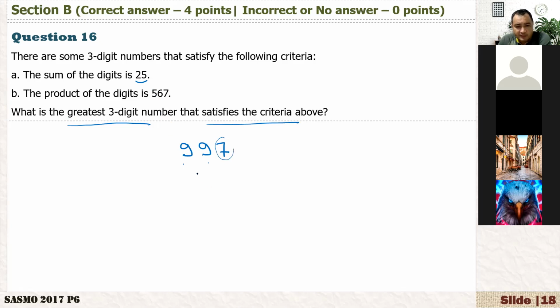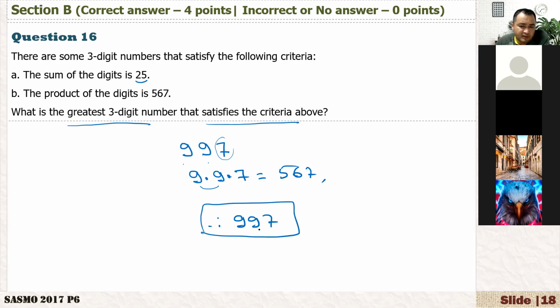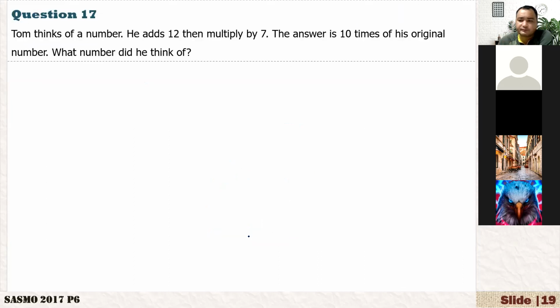If you multiply these numbers, 9 times 9 is 81, and 7 times 81 is equal to 567. It works. So what number is it? That is 997. We don't have any bigger three-digit number that satisfies these conditions, where the sum of the digits is 25 and the product is 567. So this answer is 997.